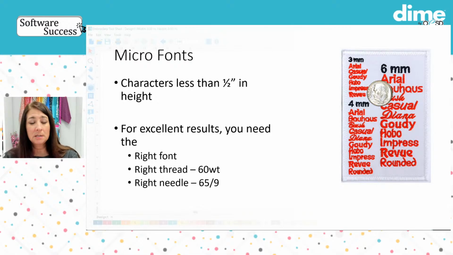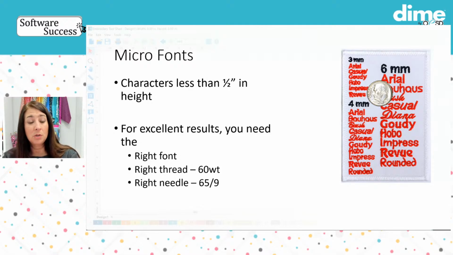But to stitch text this small, it's important to have the right ingredients to the recipe. So you want to have a font that's meant to be this tiny. Your standard font is not ideal to shrink down this small. It doesn't normally stitch out great if the font is meant to be a regular size font, which would maybe be like 3/4 inch or larger.